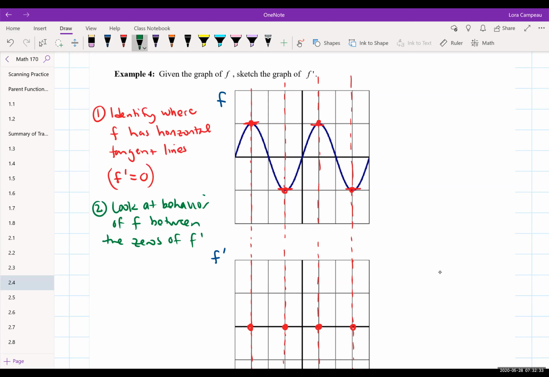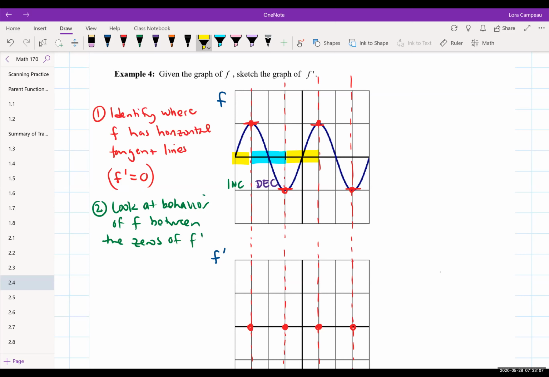What are the slopes looking like when we're looking at this region? It looks like the function itself is increasing. And if we move on over to the region from here to here, what's happening in this region? We are decreasing.